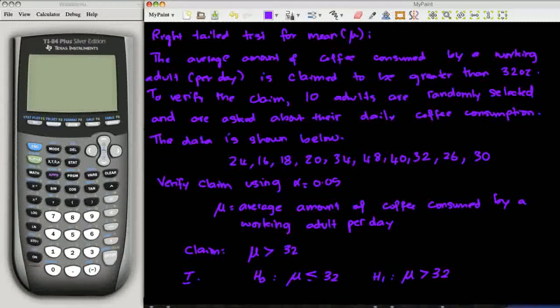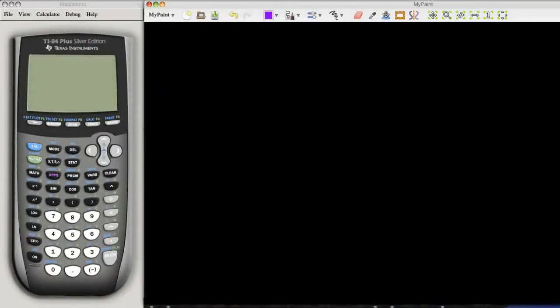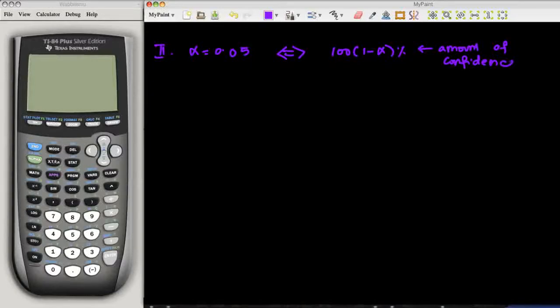Step 2 is to recognize the value of alpha. So alpha is 0.05. If alpha is 0.05, then the level of confidence is 100 times 1 minus alpha %. This is the amount of confidence corresponding to a level of significance alpha.